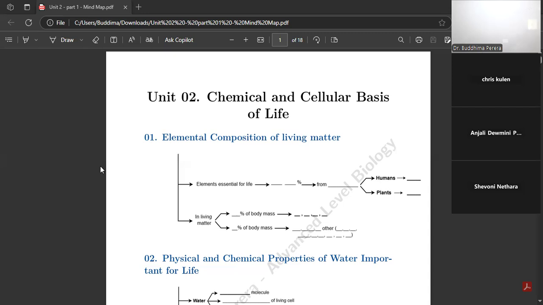So I categorize them and make a note. From the note I make a short note, which is made of flowcharts. The mind map is the third one. The mind map is a note with spaces. The same short note, I make it with spaces to make it easy for you to memorize the points.